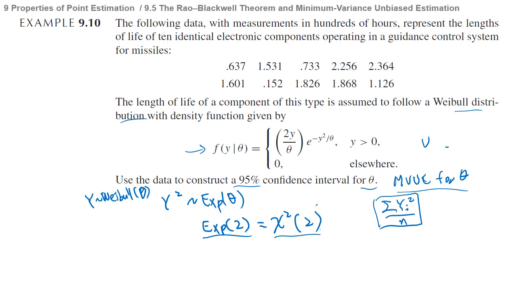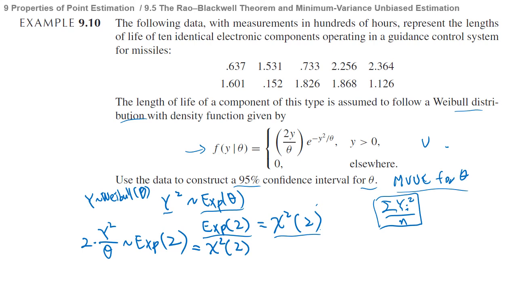So if Y squared follows exponential zeta, then Y squared divided by zeta, times 2, will follow an exponential distribution with parameter 2, which is actually the chi-square distribution with degrees of freedom 2.